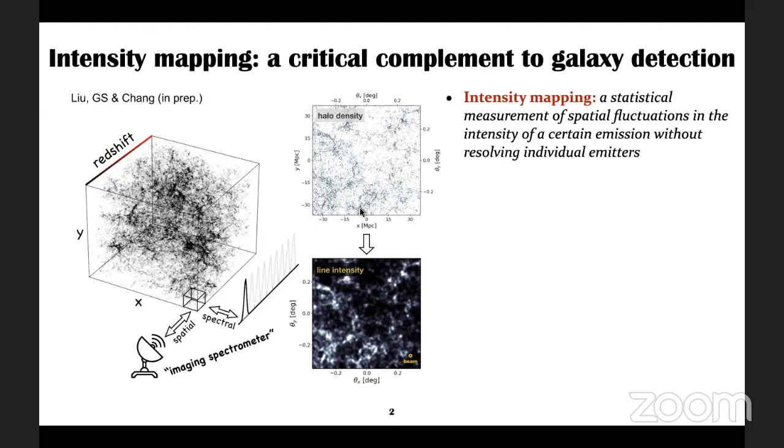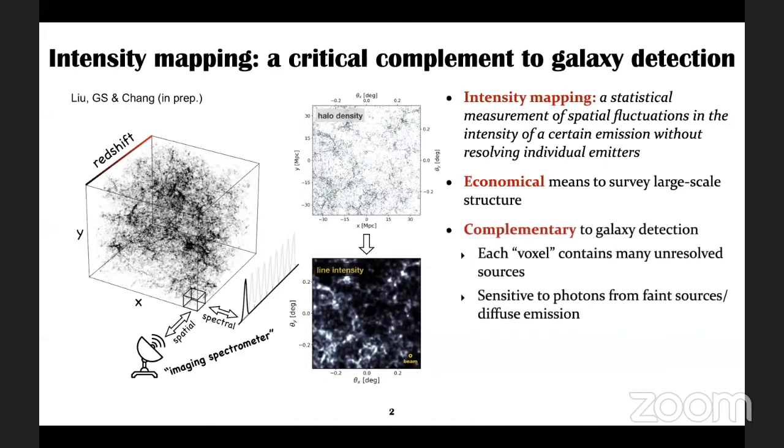The two panels here compare the halo density field against the line intensity field, tracing the dark matter distribution in a smeared manner. Because individual emitters are not resolved, intensity mapping provides an economical way to survey the large-scale structures in our universe with relatively coarse beams.